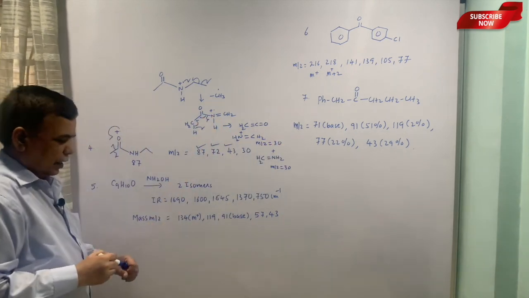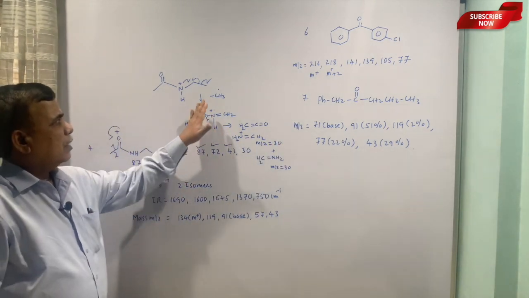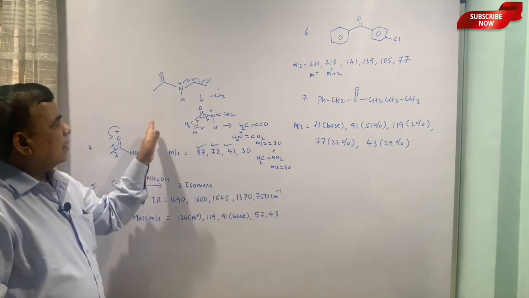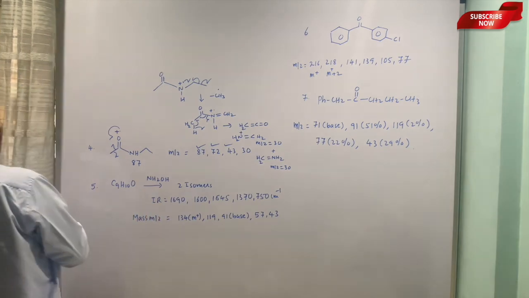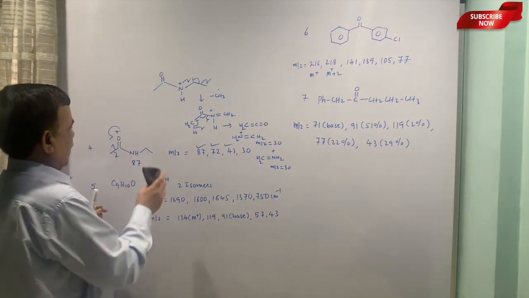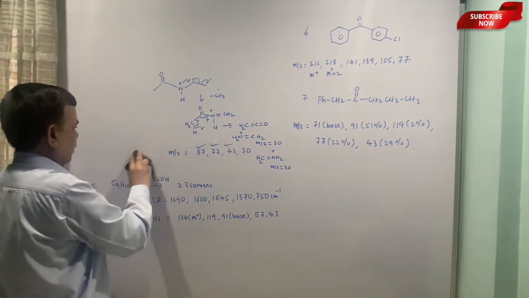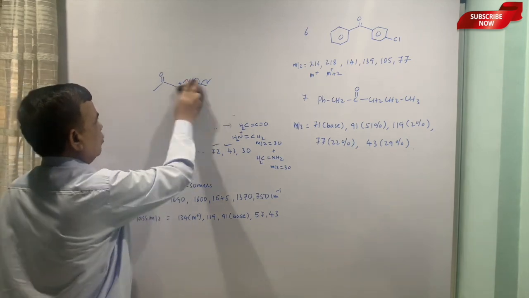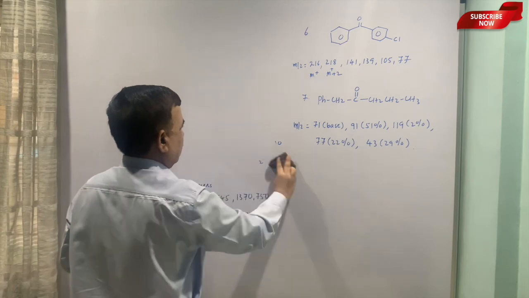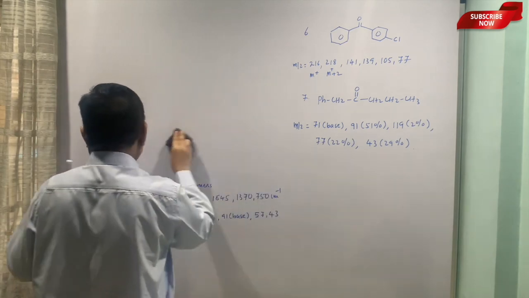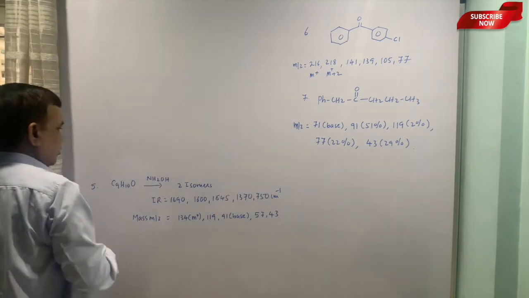So two things are there. First is the loss of this methyl and then the loss of ketene, so that you can get the peak corresponding to mass 30. So that is the thing. Nitrogen rule, alpha cleavage, the loss of a neutral molecule is going to be the key step in this case.